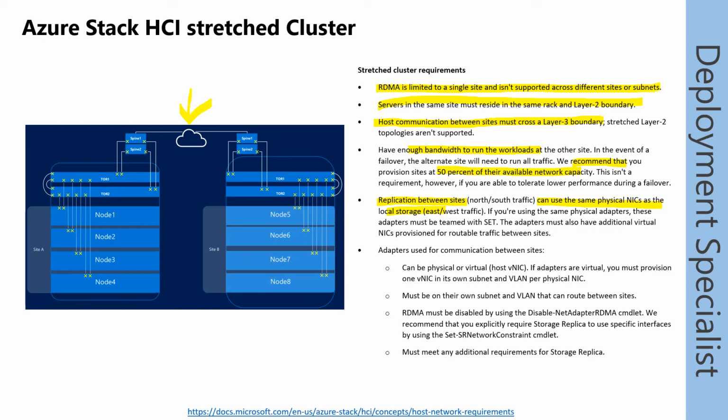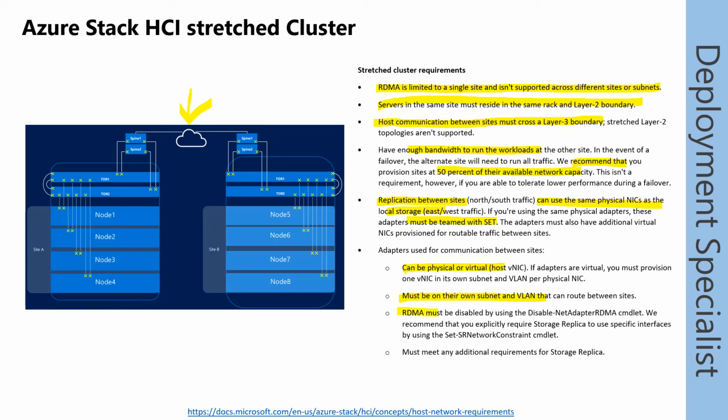If we use redundant adapters, we have to use SET teaming, and we can separate the traffic on the logical layer. Between the sites, they can be physical or virtual adapters. They must have their own virtual LAN to route the traffic correctly.